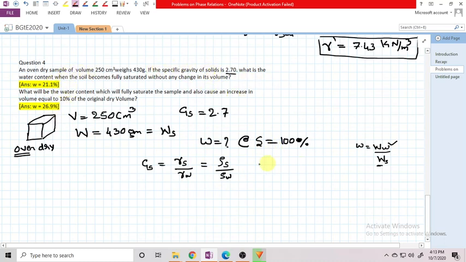So density of water will be 1 gram per cc. What is the density of solids? I can write it in terms of mass of solids divided by volume of solids.